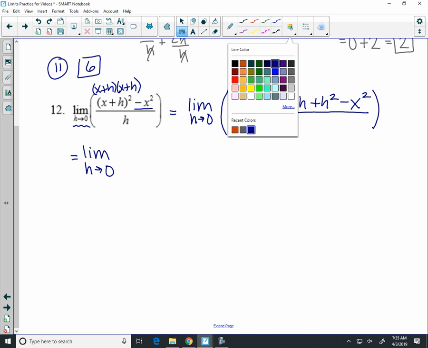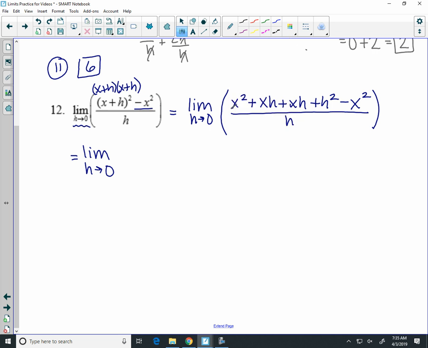My x's are going to cancel, my x squareds. And I'm going to have 2 xh's. Remember, we don't need to get rid of the x. We're not doing anything with the x. We're just working with getting rid of the h in the denominator.